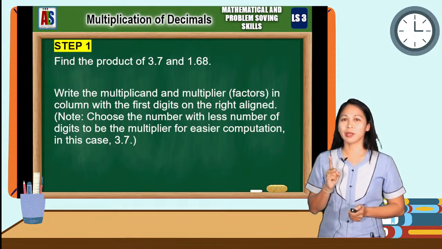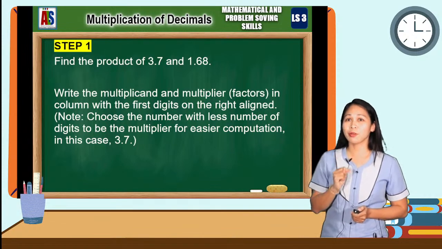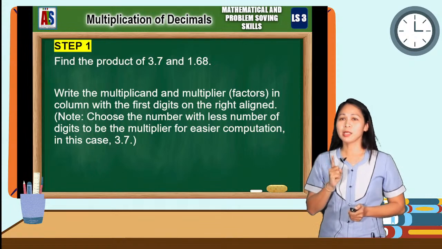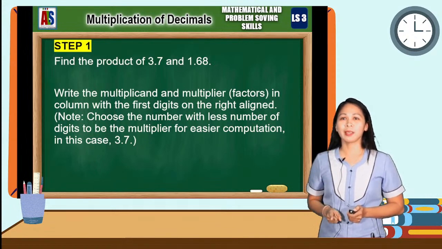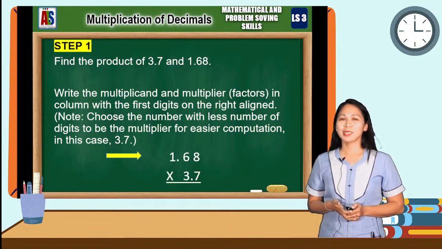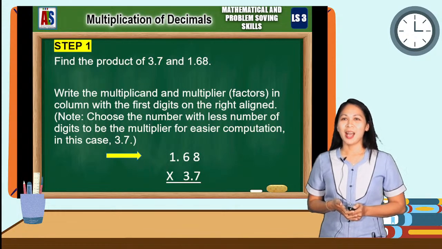Choose the number with fewer digits to be the multiplier for easier computation. So what do you think is the multiplier in this case? Very good. So in this case, 3.7 is the multiplier. So we have 1.68 times 3.7.